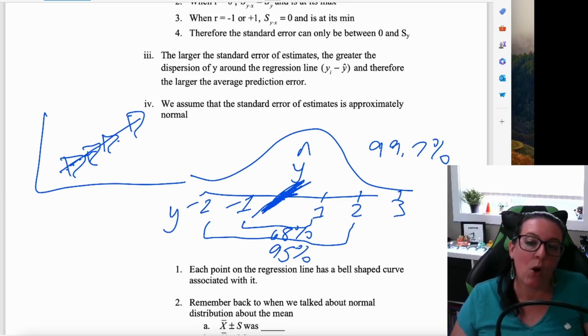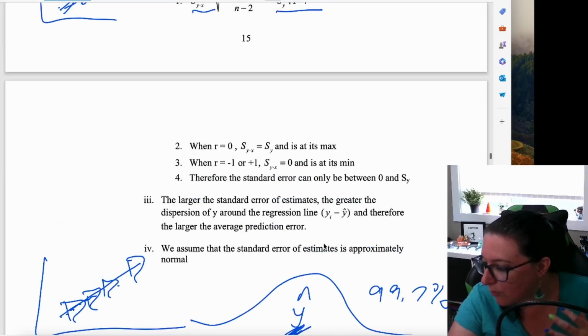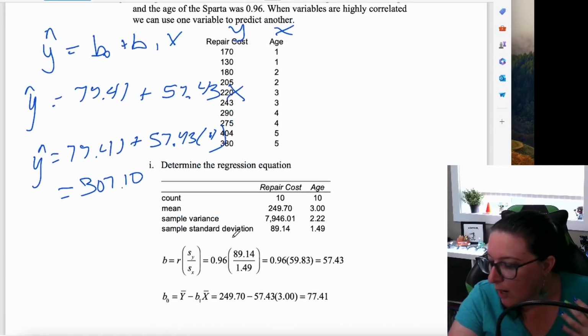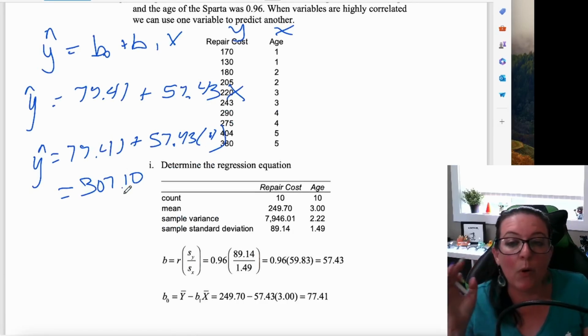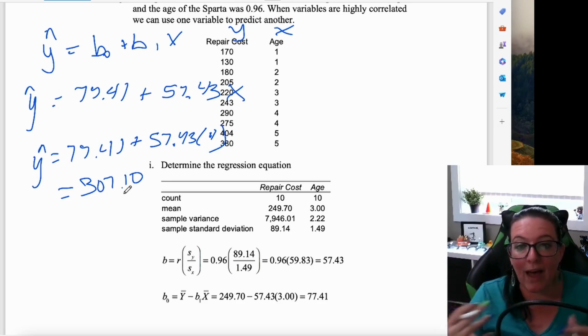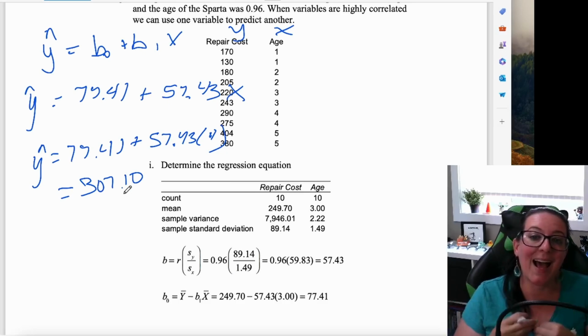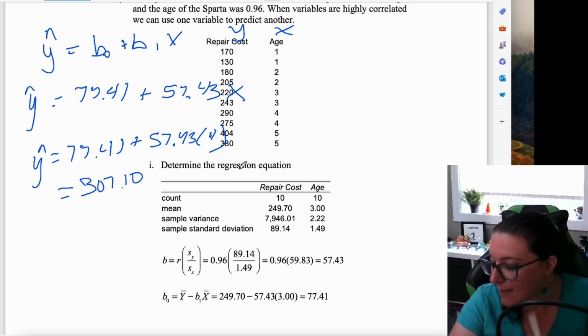So we could look at what, with 95% confidence, a 4-year-old vehicle will cost. Not only do we give the point estimate, which we did a moment ago, where I talked about how a 4-year-old vehicle would cost 307, but we can also give a confidence interval around that 307, because the standard error of the estimate has this normal distribution. We can start treating it like a sampling distribution and do confidence intervals, which is where we want to go next in our discussion.